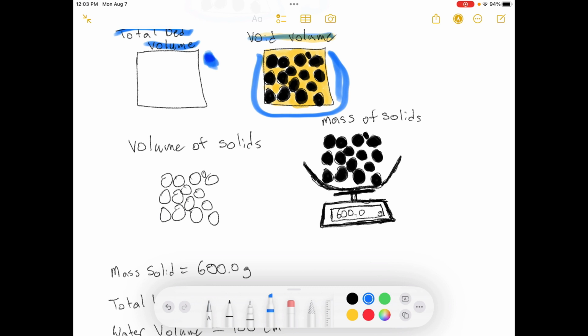And if you subtract out the total void volume, then you would get the total volume of the solids. So total volume of solids plus total void volume equals total bed volume. The mass of the solids is just, you put the solids on a scale, they weigh a certain amount, that's the total mass.